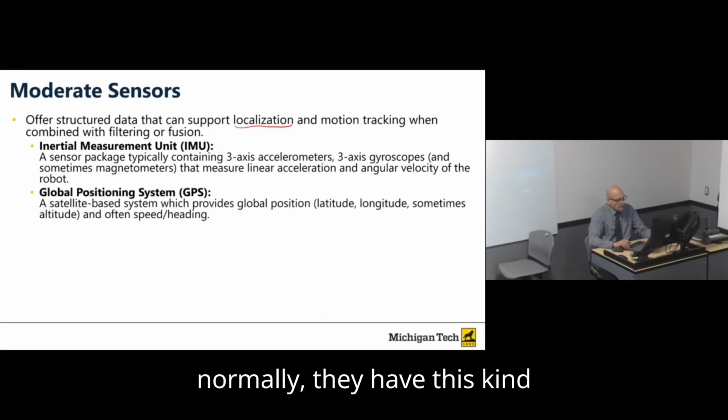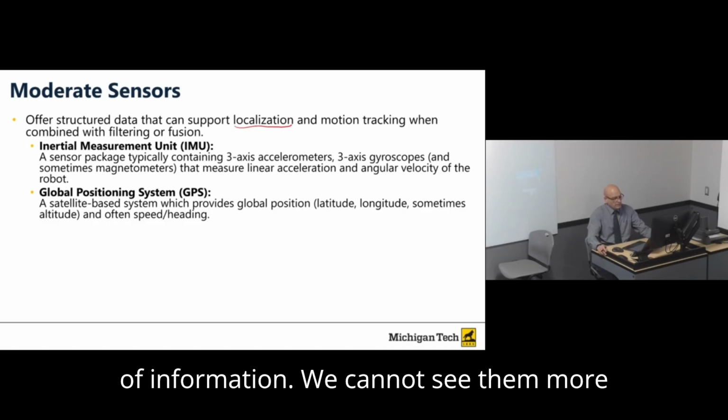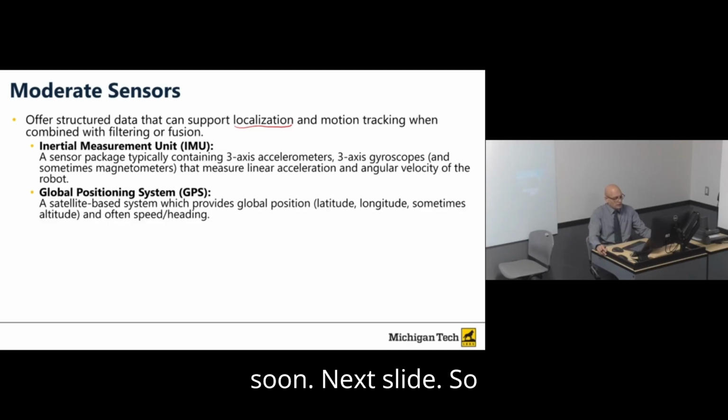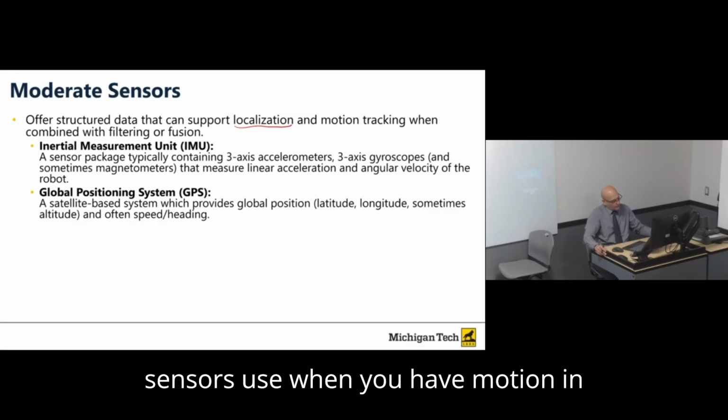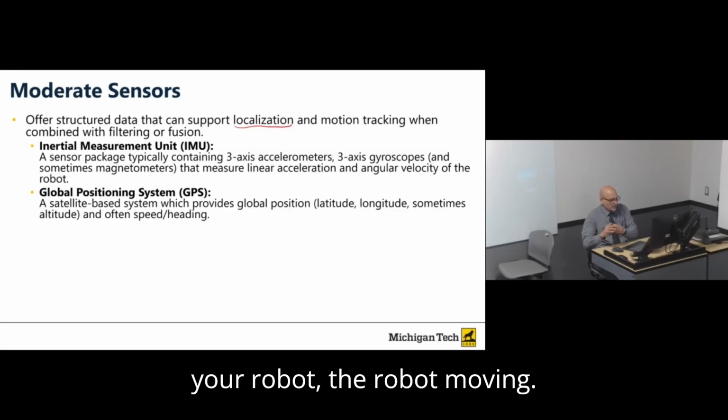So normally they have this kind of information. We're going to see them more soon. Next slide. So normally IMU sensors are used when you have motion in your robot, when the robot is moving.